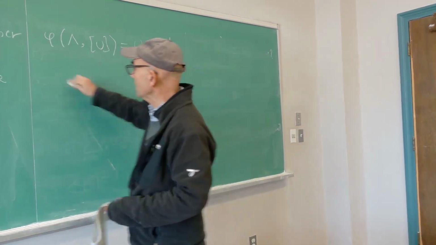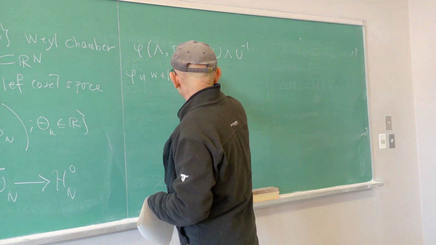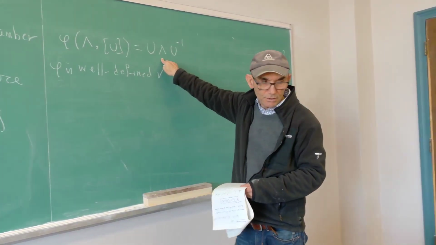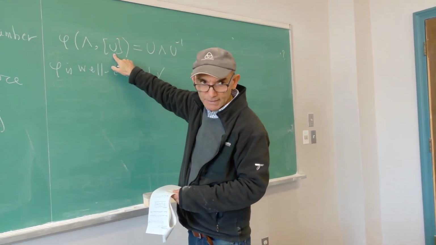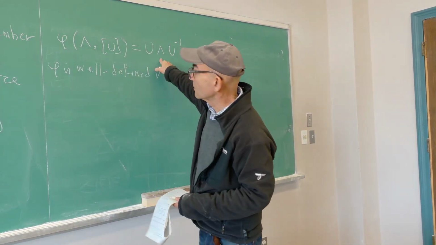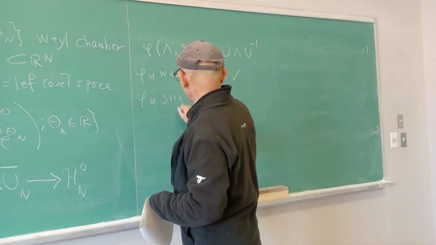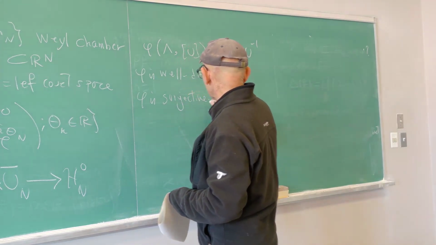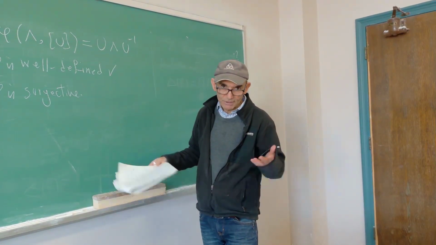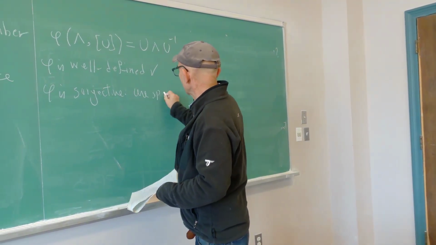Okay, first of all, this map is well defined. This is a simple check. You just take another representative in the same coset, and you check that they match, and they do. So that's not a problem. Now this phi is surjective. The proof is just the spectral theorem.